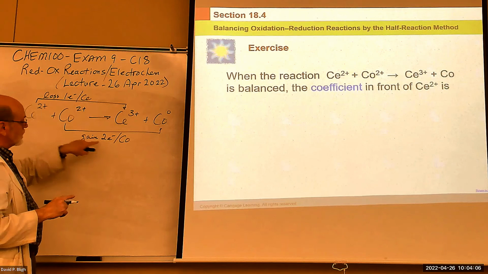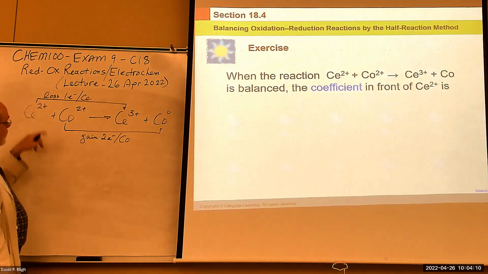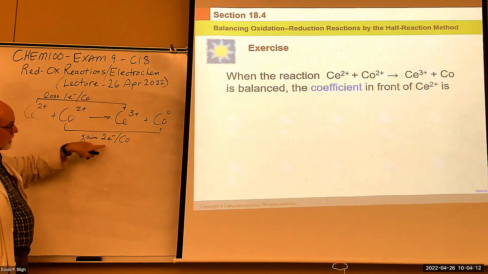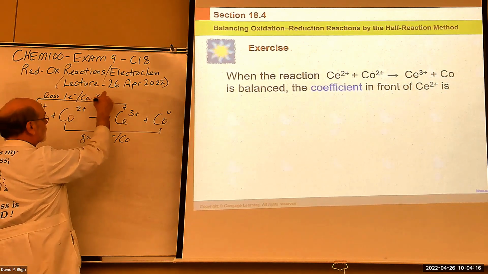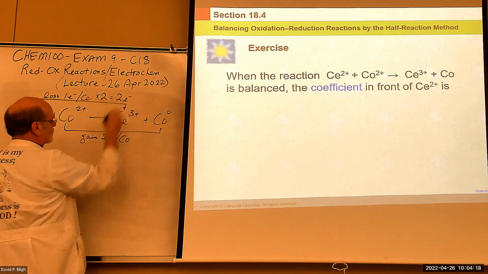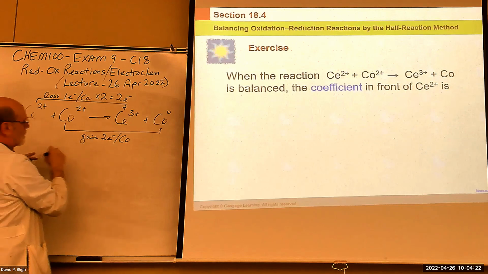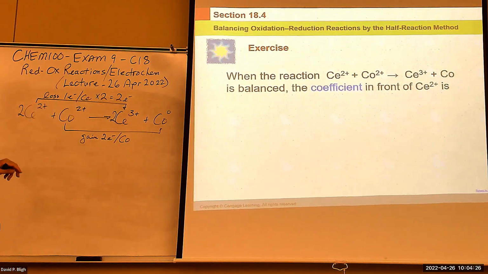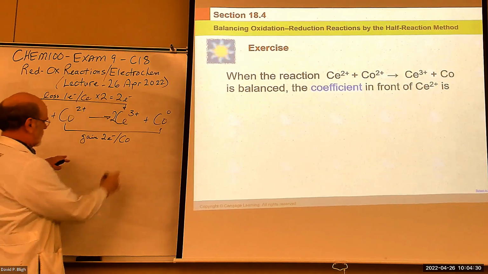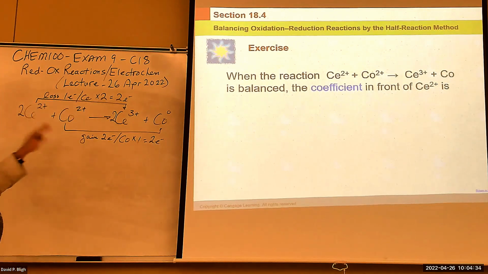So we've got 1 electron here and 2 electrons there. How are we going to deal with this? Well, we need 2 electrons up here, right? To balance those 2. So we need to multiply by 2 to give us 2 electrons. That means we need a 2 here, 2 there. And that will give us balanced electrons and balanced equation.